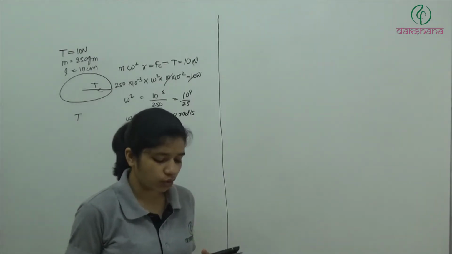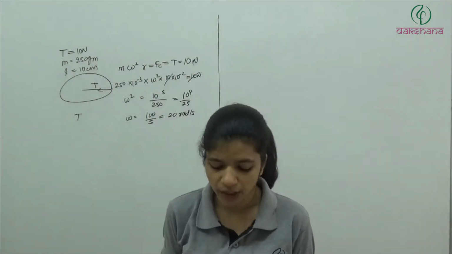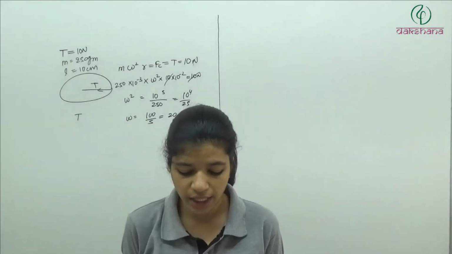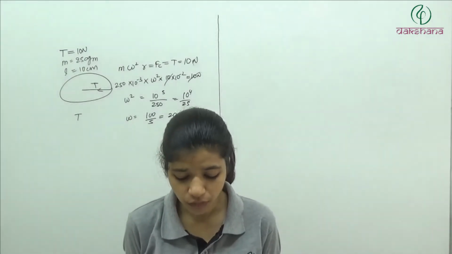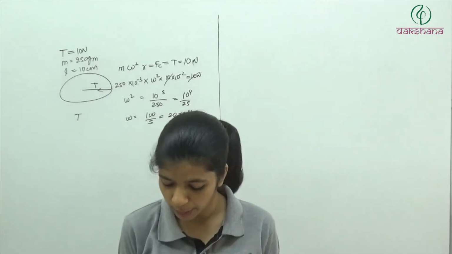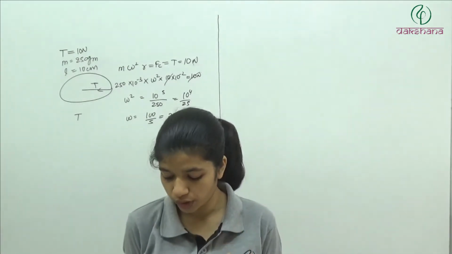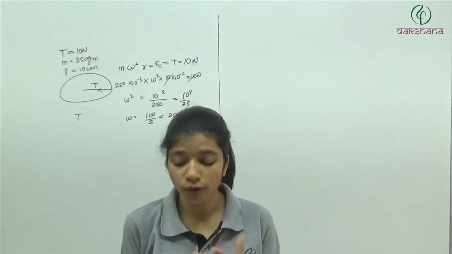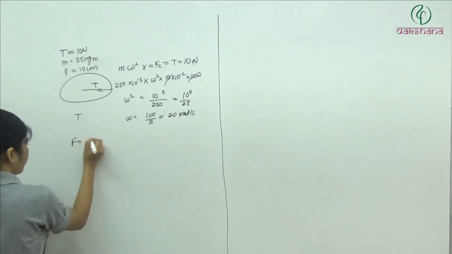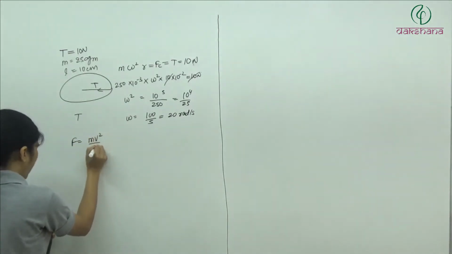Question number C2. A particle moving along a circular path due to a centripetal force having constant magnitude is an example of motion with. So a particle moving in circular path due to a centripetal force having constant magnitude. Constant magnitude of what? Centripetal force. So centripetal force is F is equal to mv square by r.